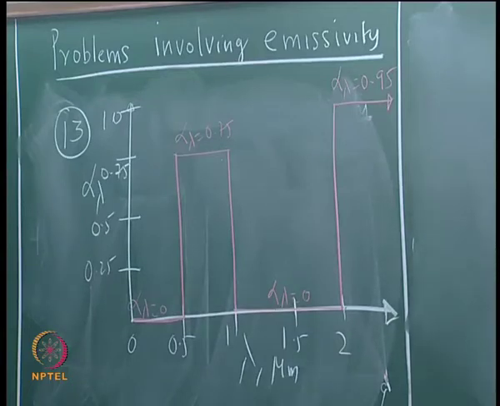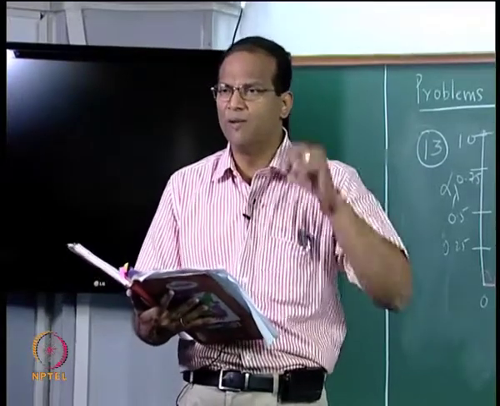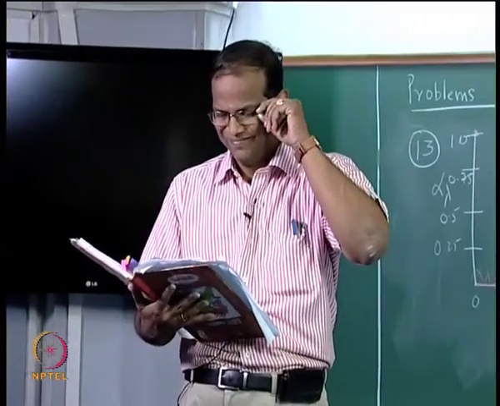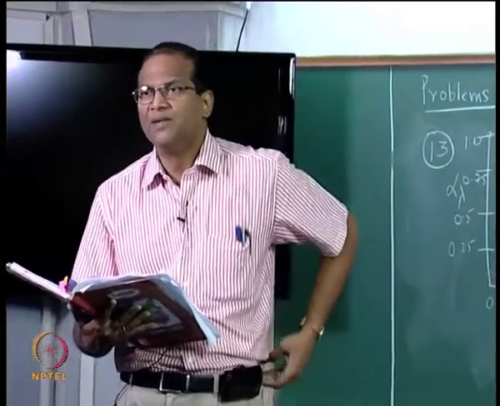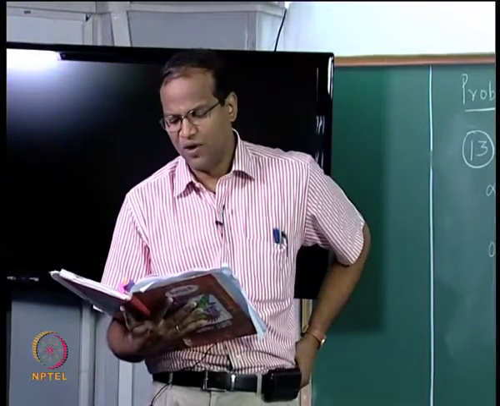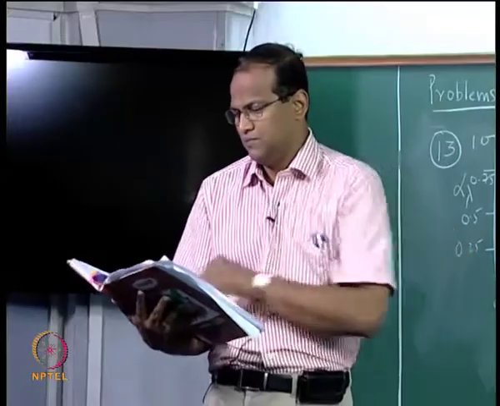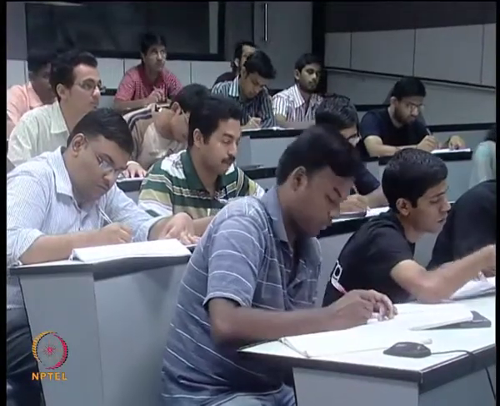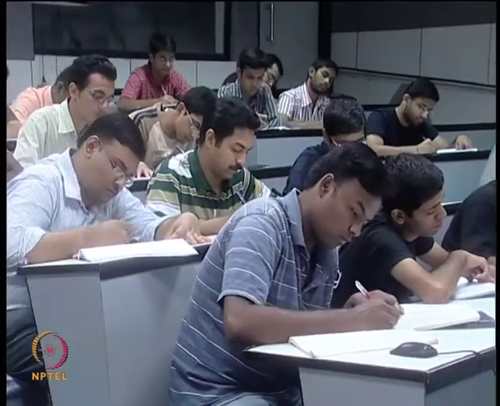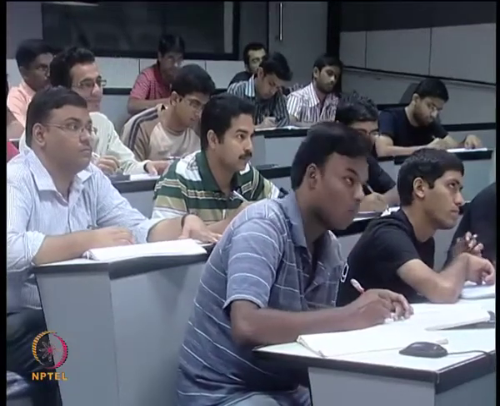An opaque surface 1.5 meter by 1.5 meter. Have you taken this? No. Problem number 13, an opaque surface 1.5 by 1.5 meter is maintained at 120 degree C. I am deliberately giving C so that you will convert to Kelvin and you will not make such a mistake, okay.